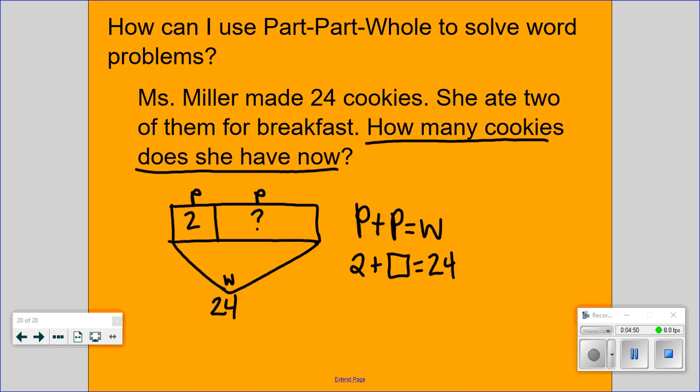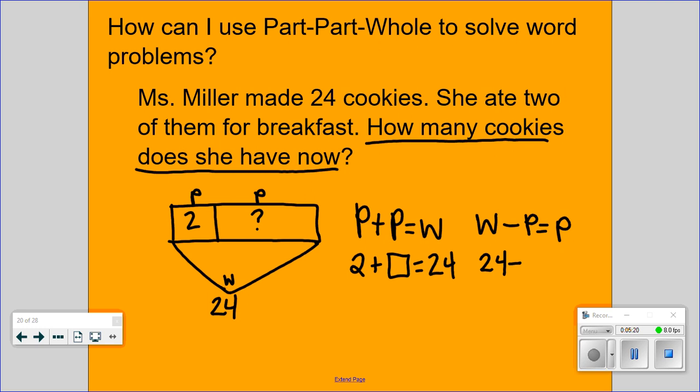When I'm subtracting using part whole, I always start with the total amount of things, which makes sense, right? If I'm going to take away something, I have to start with all of the things, then I can start subtracting out. So when I'm subtracting using part whole, I start with my whole, I subtract one part, and I get the other part. So using this equation builder, I'm going to start with 24 minus, now I can use either part.